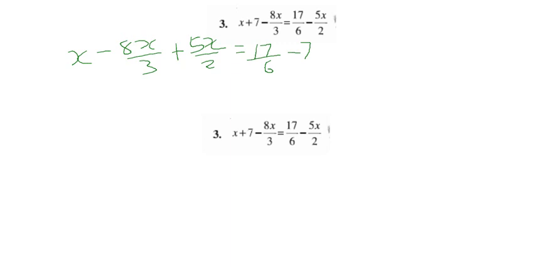So now the next step is, you have to think x is x divided by 1. This 7 becomes 7 divided by 1. So now this is 1, and 3 and 2 are in the denominator here. You have to know the common denominator for all these three numbers is 6.